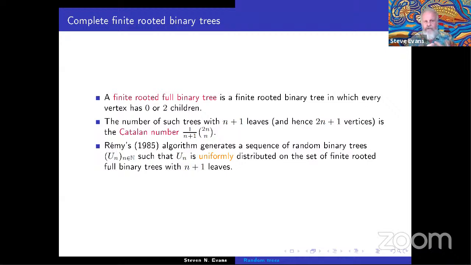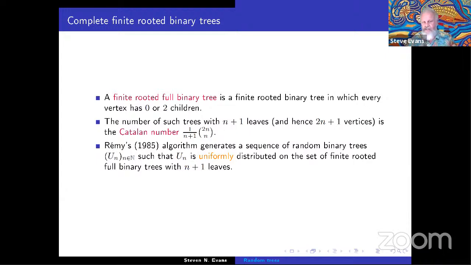We're going to introduce Rémy's algorithm, which generates uniformly distributed finite rooted full binary trees. They're binary trees where every vertex has 0 or 2 children.